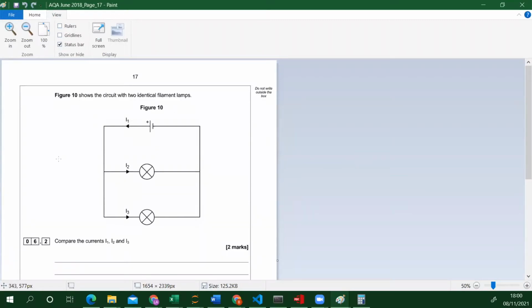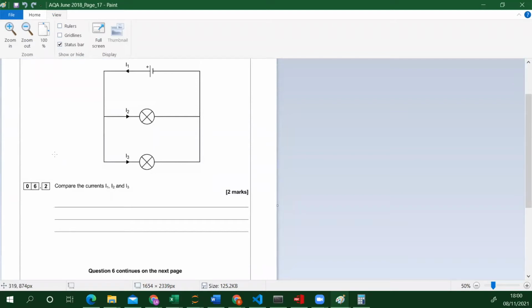If the bulbs are identical, then I2 is equal to I3, they are the same, and I1 is going to equal the two added together.